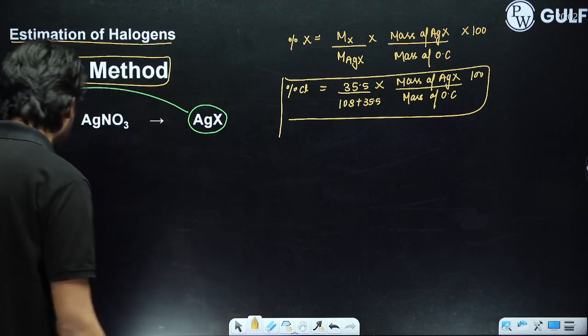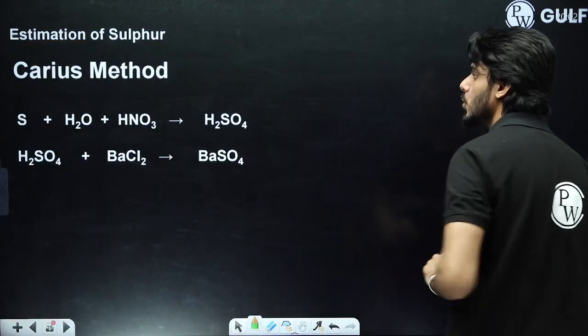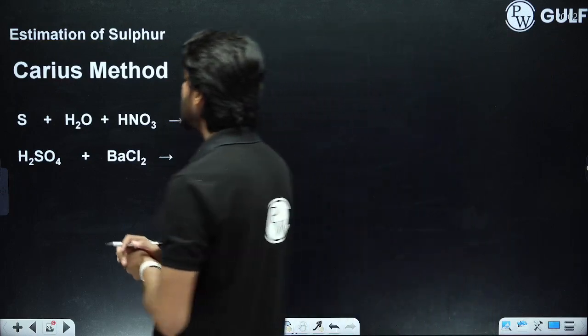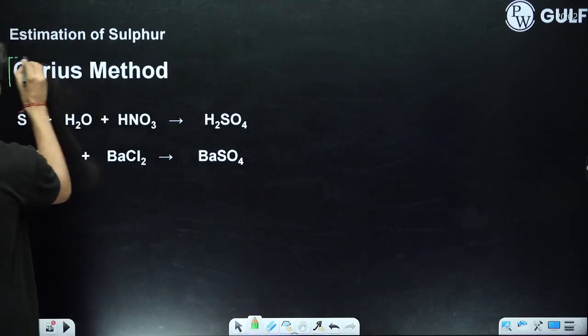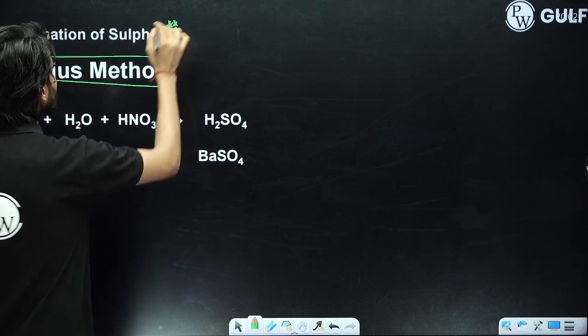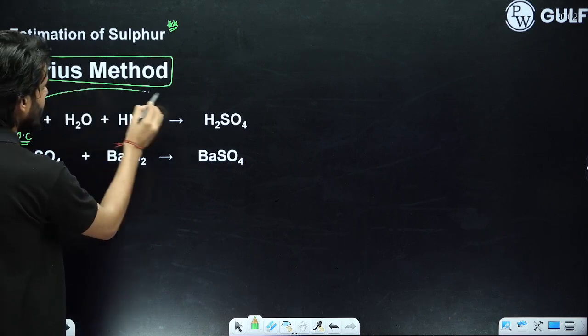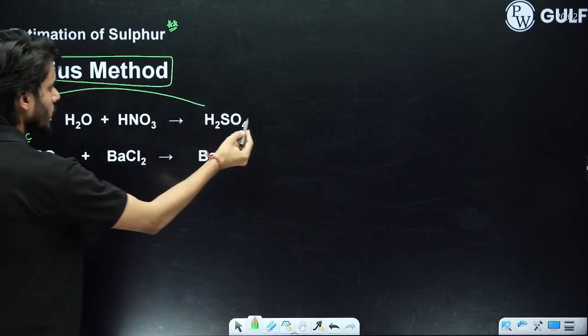Now, the next and the last: estimation of sulfur, again using the Carius method, guys. In the Carius method, what will happen? You will have the sulfur from the organic compound, which will react with water and nitric acid, and it will be oxidized to form H2SO4.